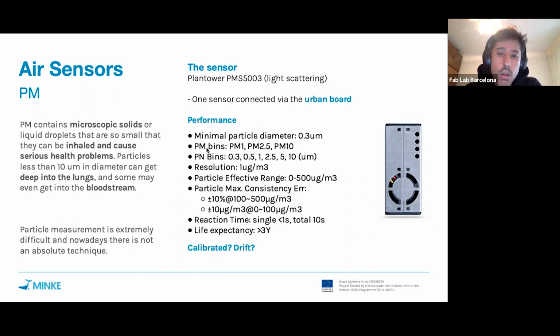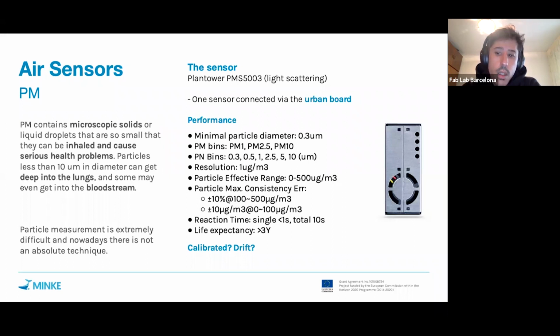And it can also not only give you the mass, but also the count of the different sizes. And those bins, the categories of the sizes that it can give, are from 0.3 to 0.5, and so on and so forth, up to 10 micrometers, with quite a decent accuracy for the cost.